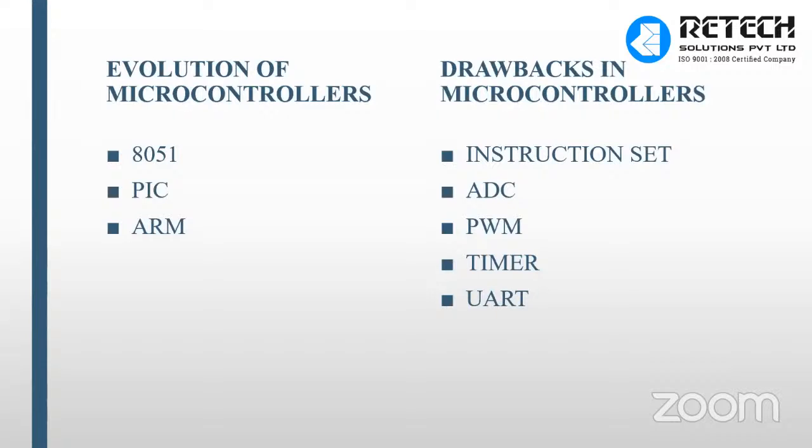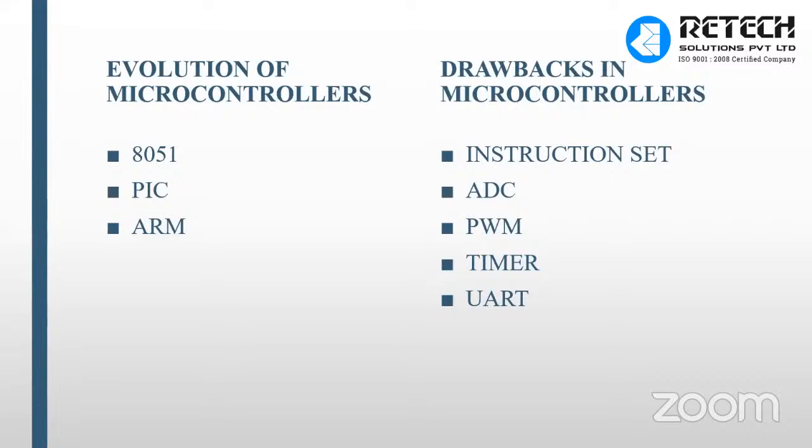Then pulse, we already know. We create it in controllers also. We have one oscillator, and via that oscillator we create some pulses. Every microcontroller definitely has one oscillator, called a crystal oscillator.